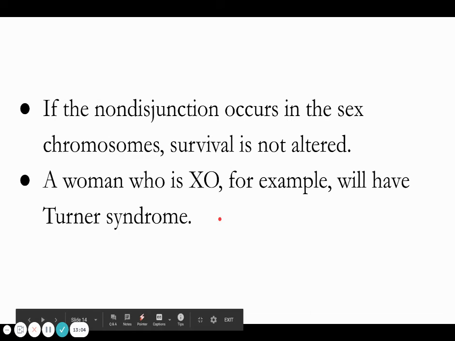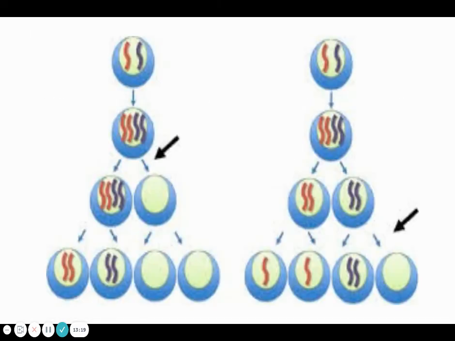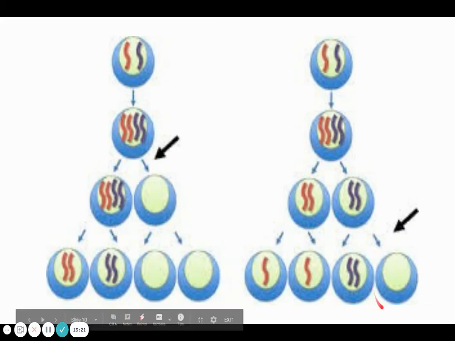You can have trisomy in the sex chromosomes, and those usually are conducive with life. Turner syndrome is an example of trisomy, except this is actually monosomy. So this is an example where, and I'll go back here so we can see it while we talk through it, this egg is fertilized and it's missing an X chromosome.